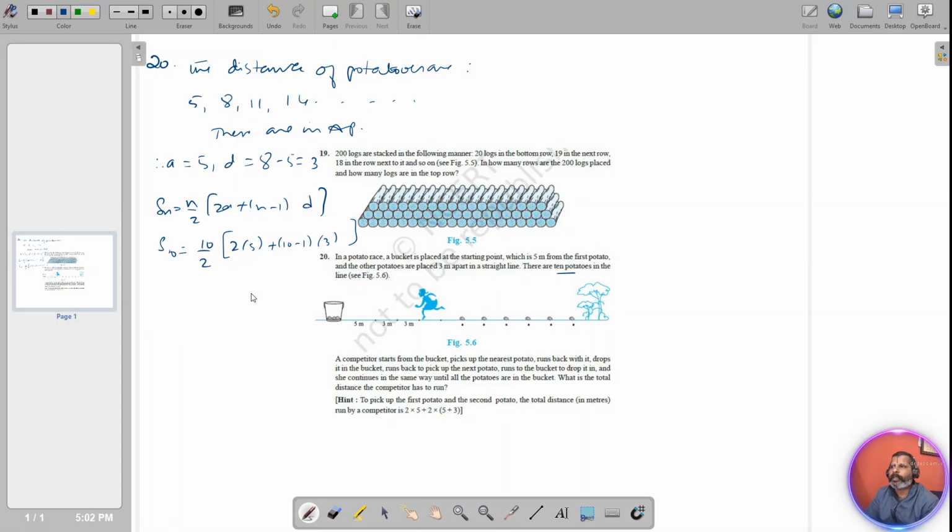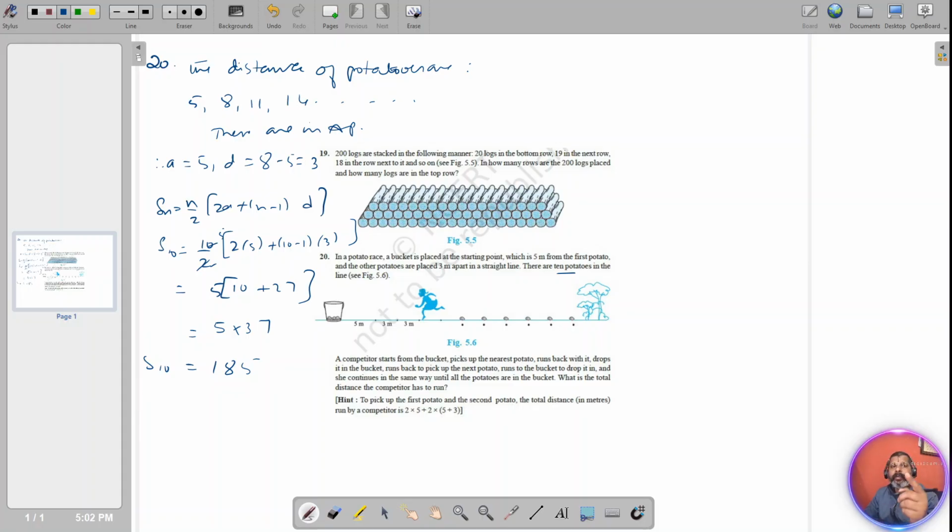That is 5 times 10 plus 27, which is 37. That becomes 185. It means it's a one-way distance to cover all the 10 potatoes.